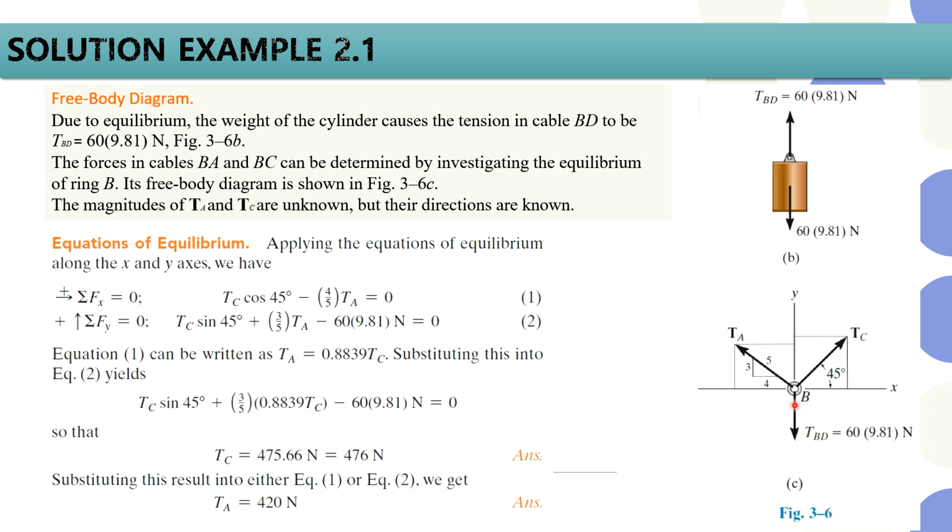So we have the tension A pulling up and left, the tension C pulling up and right at a 45-degree angle, and the downward tension of BD, which is 60 times 9.81, around 588.6 newtons just now, pulling straight downward. After isolating that, this is what you get for your free body diagram. You should construct your free body diagram similar to this one.